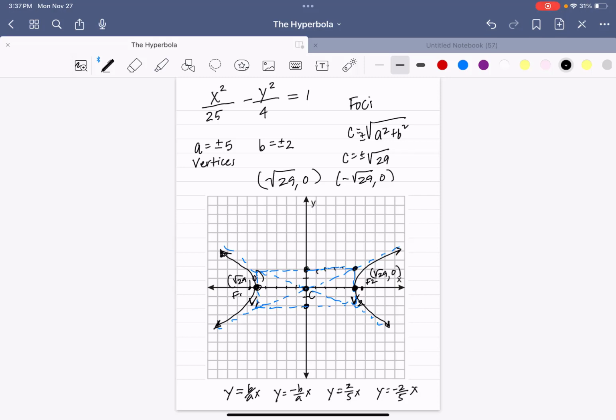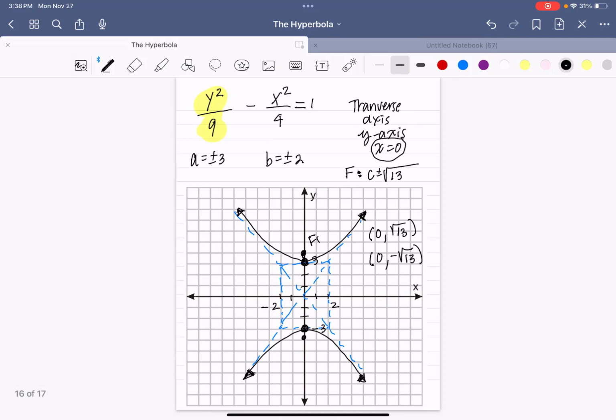And that would give me that point right there. So that's my first asymptote. Or from here, I could go down 2 and to the right 5, and that would give me this second asymptote's equation. So these are your asymptotes. And when x squared is positive, it's b over a times x, and negative b over a times x.